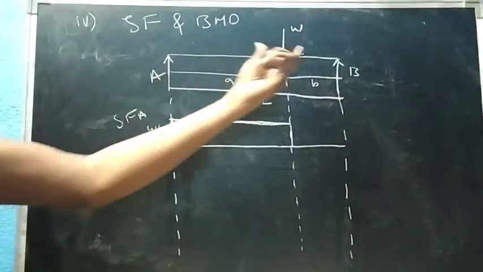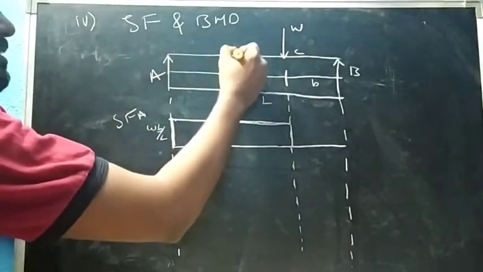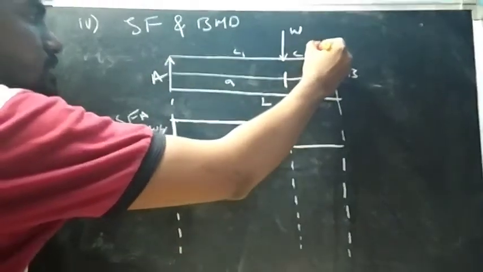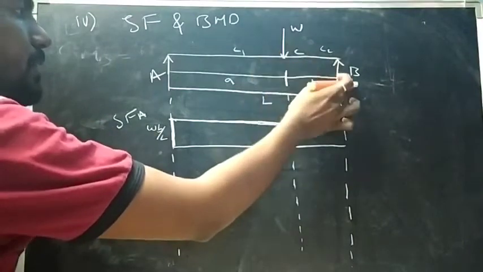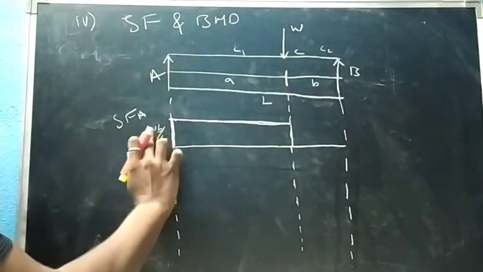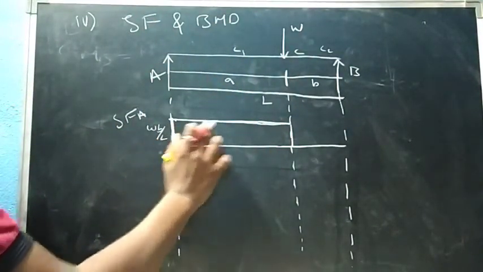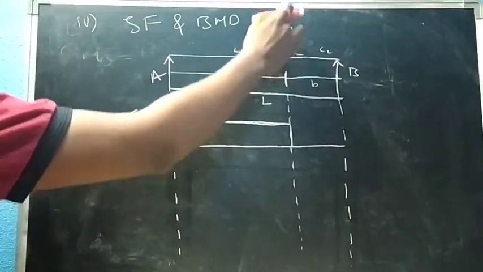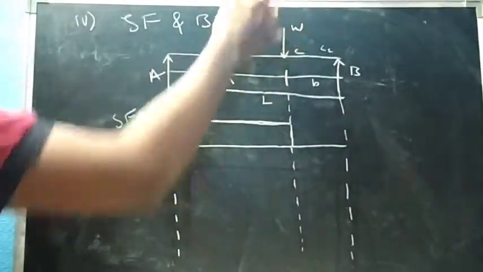Like we discussed for C1, let's say this is C1, the shear force between A and C, and this is C2, that is shear force between C and B. So now WB upon L is constant till here. Here there is change because of this eccentric loading.